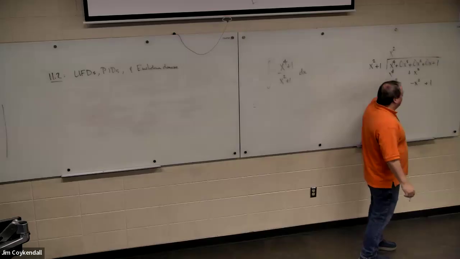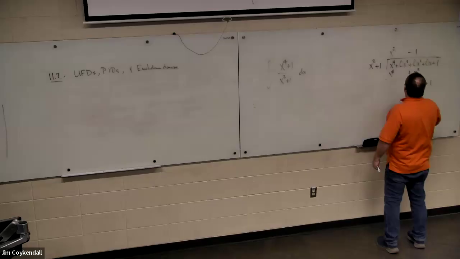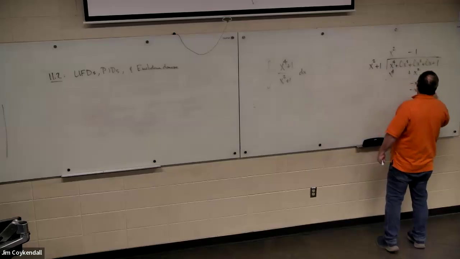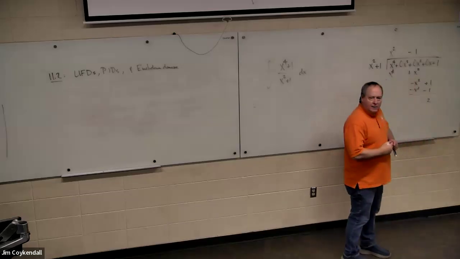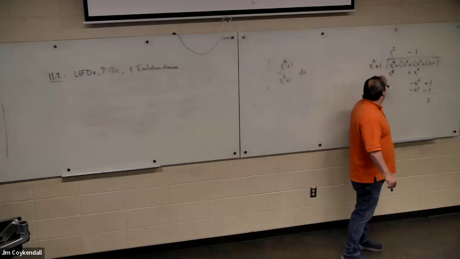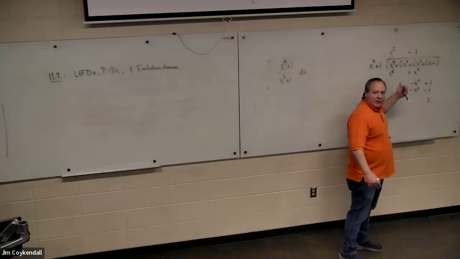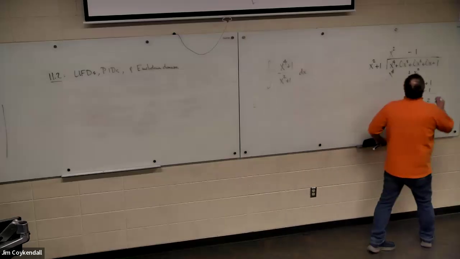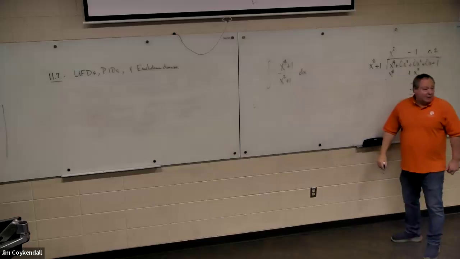And now I guess that goes in what? Minus 1 times? So it's going to be minus x squared minus 1. Right? And what happens now? Well, now this is of degree 0, and this is degree 2, and it doesn't divide anymore. So really what you've got here is that remainder 2.